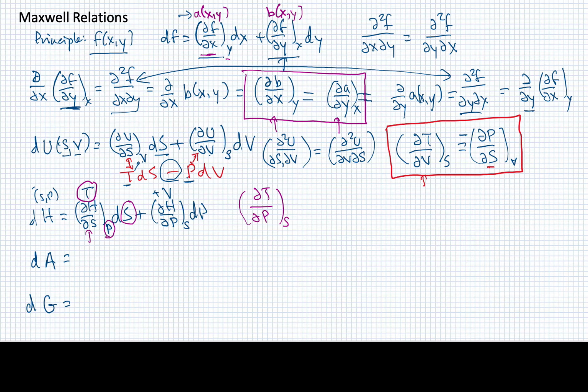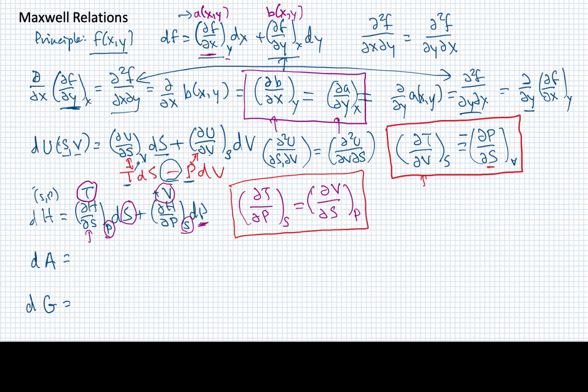It will then be equal to this quantity, the derivative taken with respect to the thing that was held constant here, with the differential part being the quantity held constant. So now my new relationship is going to relate a partial derivative of temperature with respect to pressure at constant entropy, equal to the partial derivative of volume with respect to entropy at constant pressure. So this again gives me a relationship that could be used.